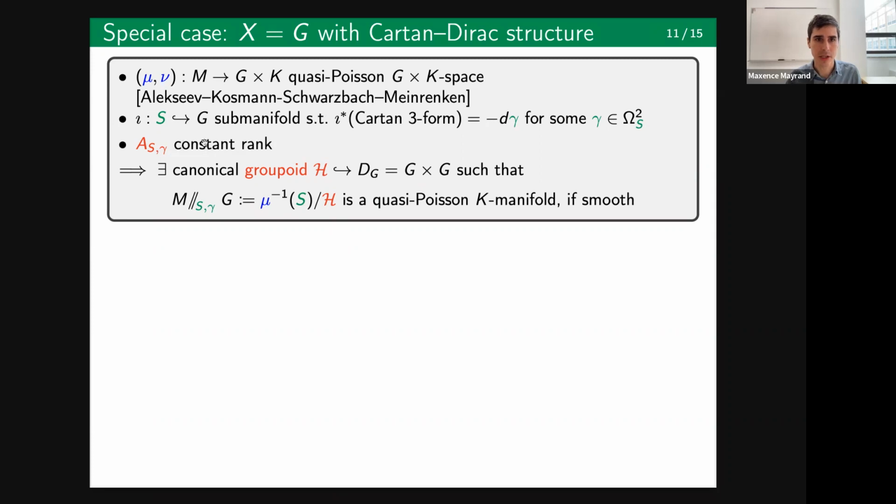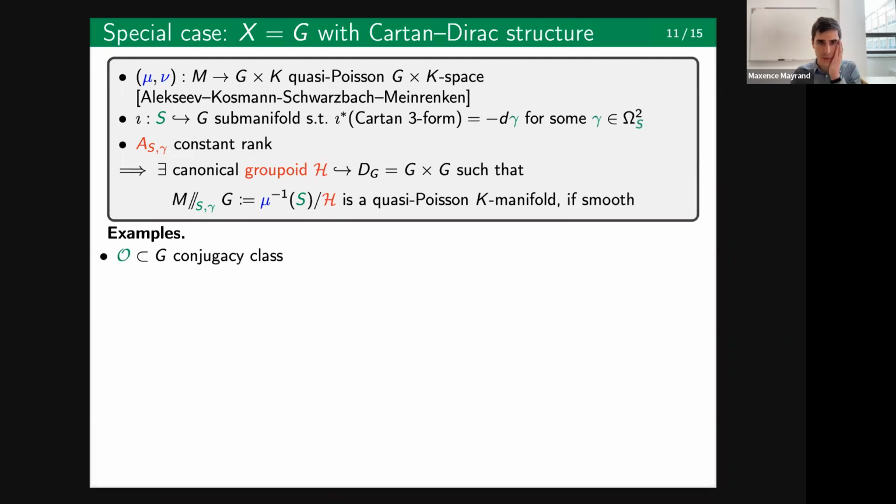So this is a non-degeneracy condition. Then in this case, there's a canonical groupoid sitting inside the double instead of the cotangent bundle, such that the quotient of the preimage of S by mu by this groupoid is a quasi-Poisson K manifold if it's smooth. So that's what we define to be the quasi-Hamiltonian reduction of M by G at level (S, gamma).